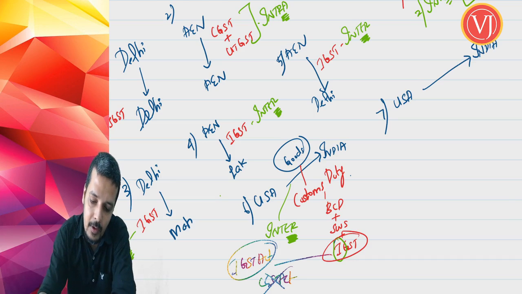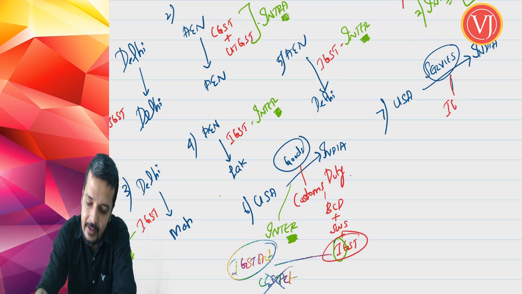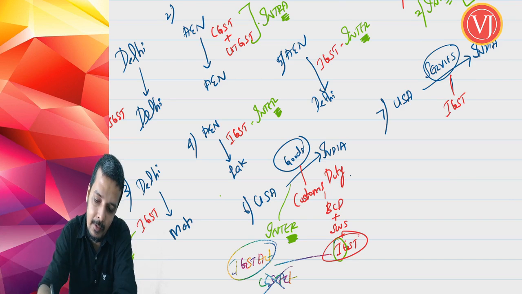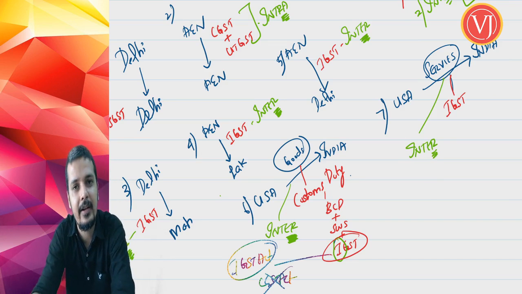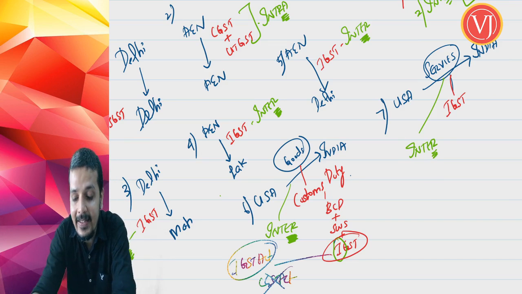What about USA to India services? USA to India services is import of services, and that will attract, my friends, only and only IGST, because one country to another country is again nothing but interstate supply. If it is interstate supply, obviously you will have IGST.